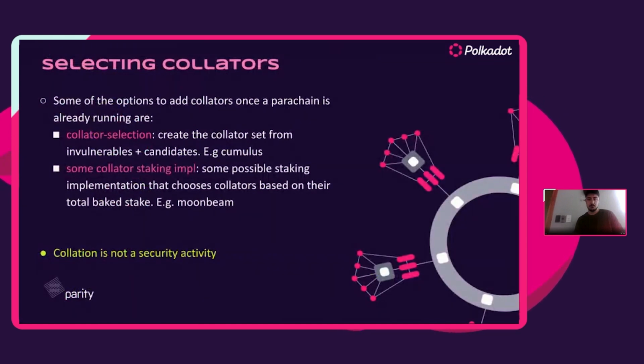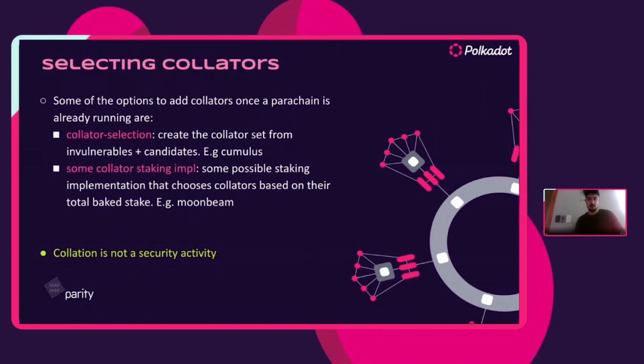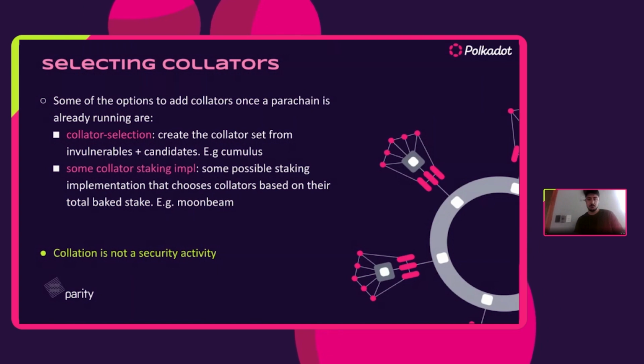So next, I would love to stop here and make a quick mention of how one should select collectors. I don't know if "should" is the right word, but selecting collectors in general, right? There are two approaches, more or less. I'm mentioning two approaches here: the collator selection pallet that sits within Cumulus, and then any other collator staking implementation.